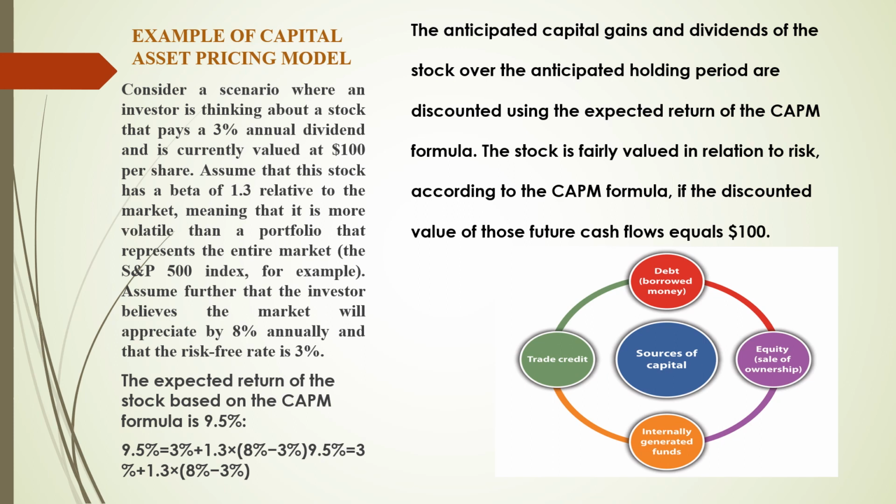The anticipated capital gains and dividend of the stock over the anticipated holding period are discounted using the expected return of the capital asset pricing model. The stock is fairly valued in relation to risk according to the capital asset pricing formula, if the discounted value of those future cash flows equals $100.